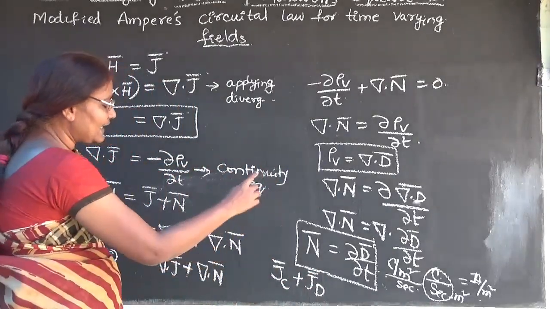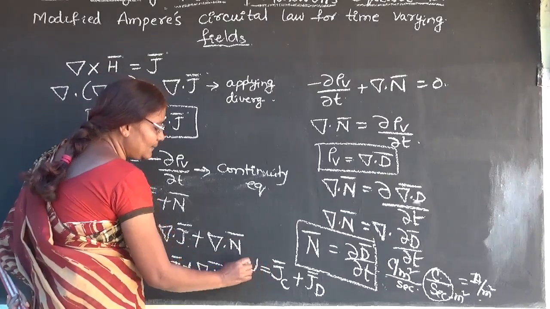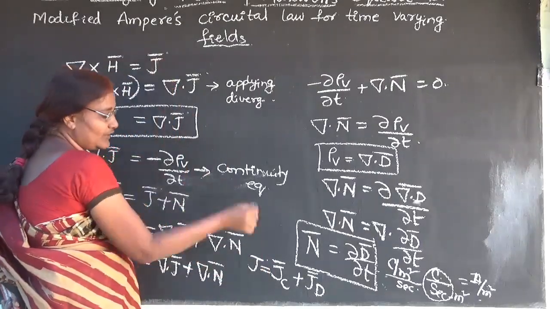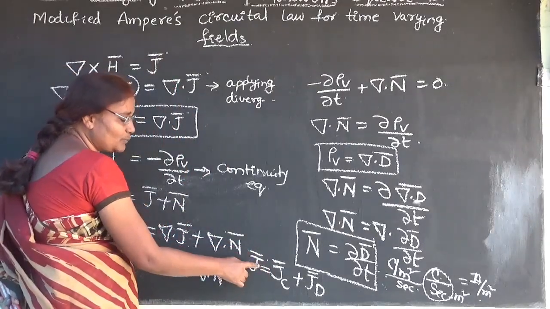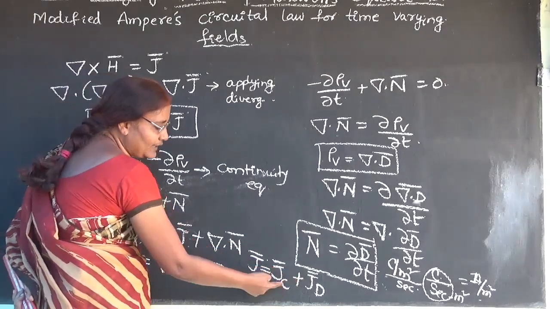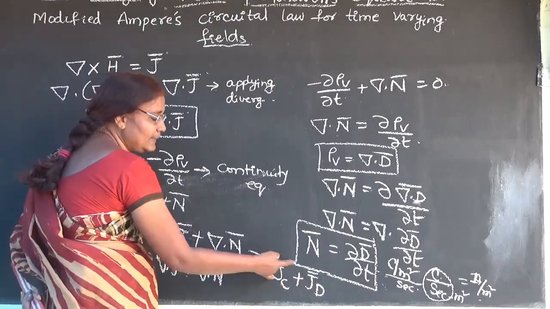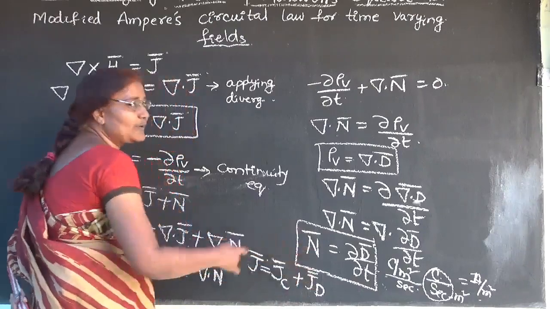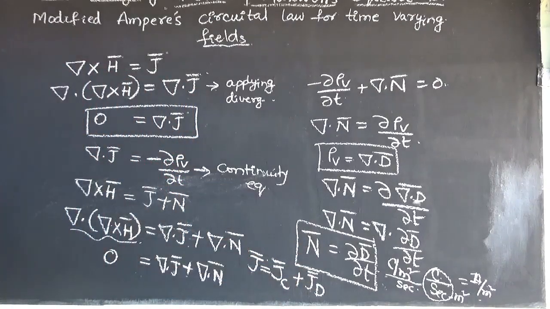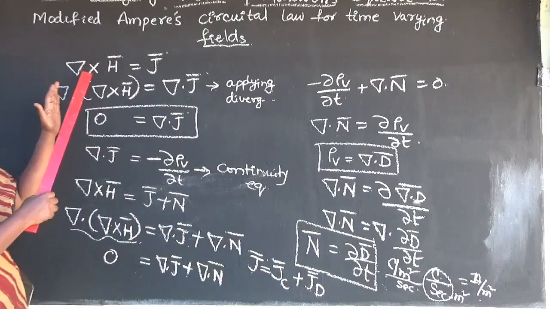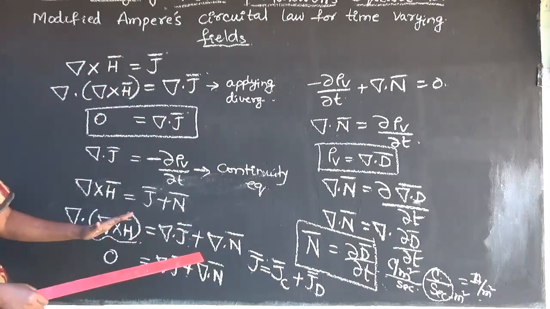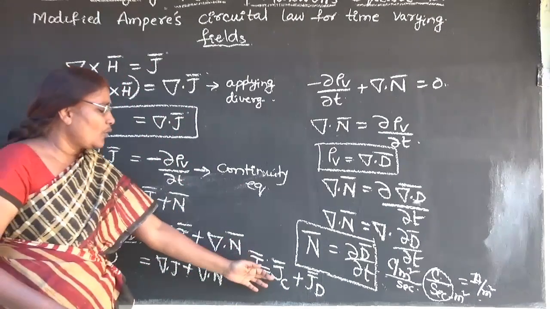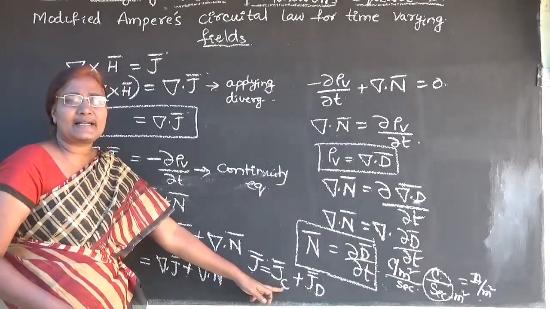So total current density, your J bar, is going to be split into two parts. One is conduction current density and the displacement current density. So we can observe a main thing here: in static magnetic fields, we will have only a conduction current density.